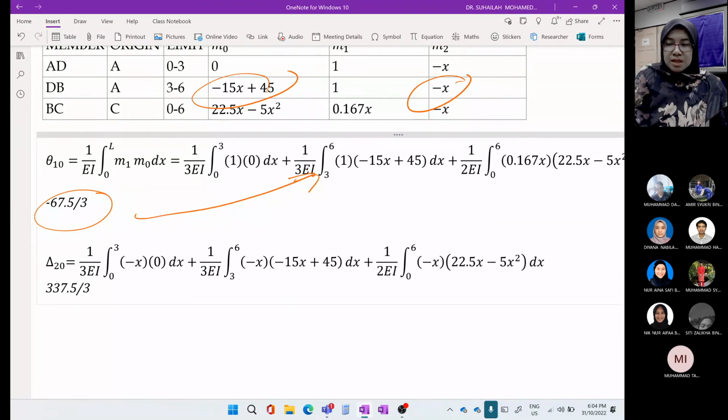Okay, another one is 0 juga. So what we get is 337 positive.